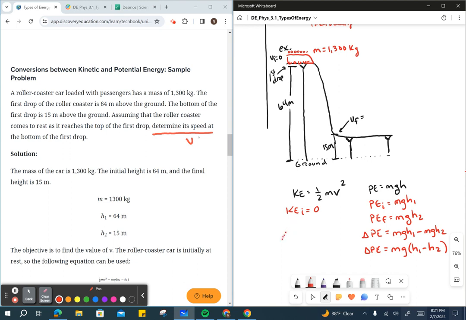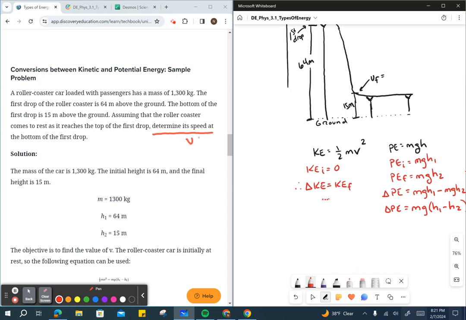Therefore, we could say the change in kinetic energy is simply equal to the kinetic energy final. And that is going to equal 1/2 times the mass times the velocity final, and we're going to square that, right? Okay, this is your delta KE.